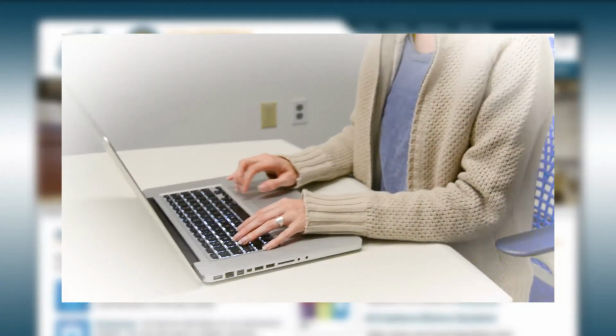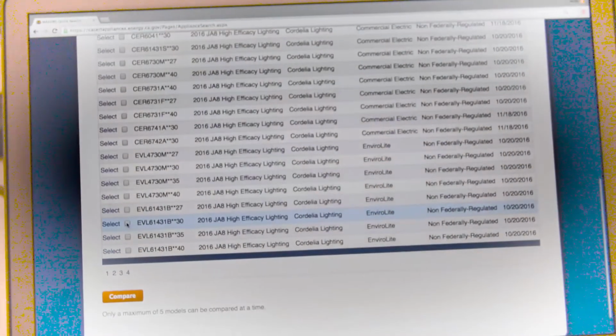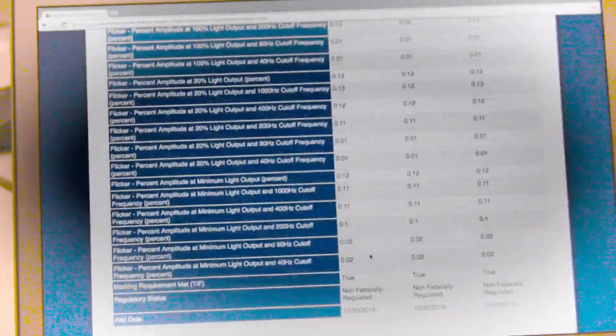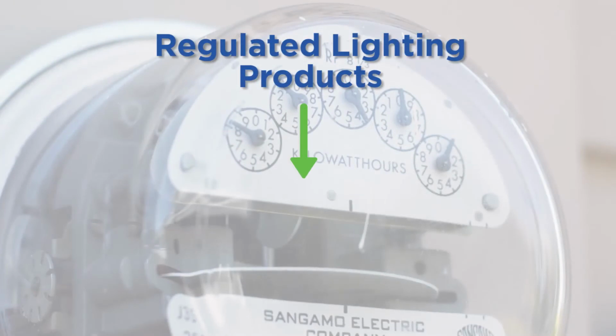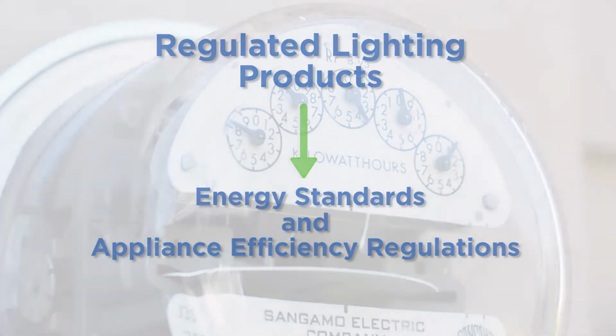The California Energy Commission maintains the Appliance Efficiency Database, which lists a variety of products that are certified as meeting the current appliance efficiency regulations and energy standards. Lighting products installed to comply with the energy standards, for instance, certain lighting controls and JA8 compliant light sources, must meet minimum requirements contained in the appliance efficiency regulations and the energy standards.